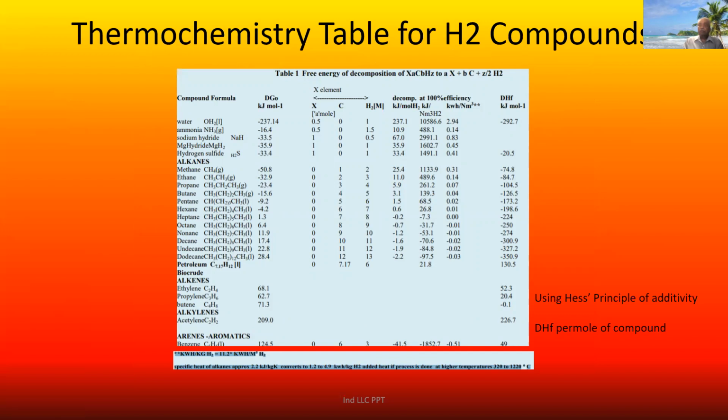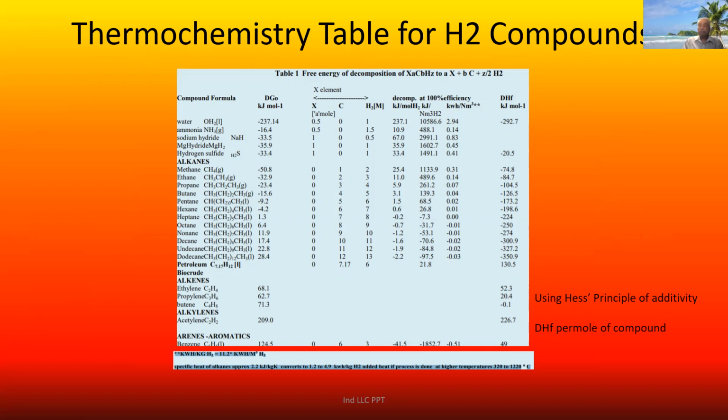INDLLC's project put together this simple thermochemistry table using Hess's principle of additivity, created by Hess's law, generated in the 1840s.